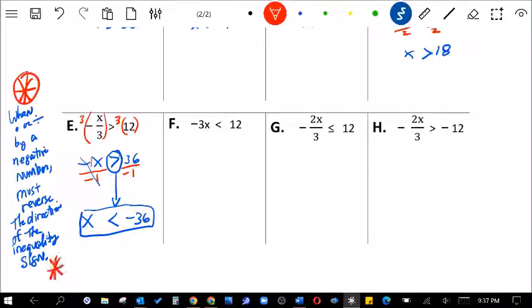That is the key thing to remember when you're dealing with negatives anywhere in one of these. If you add or subtract with a negative, there's no problem with that. It's only when multiplying and dividing.